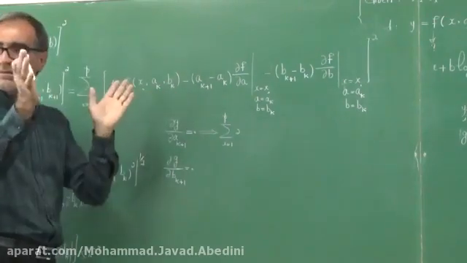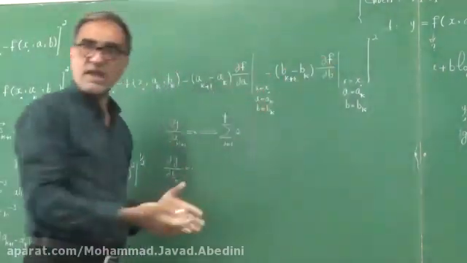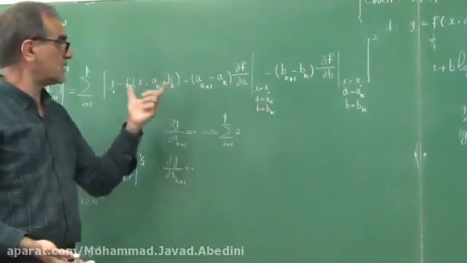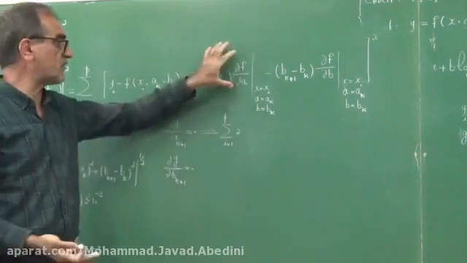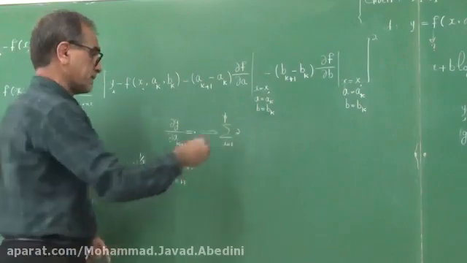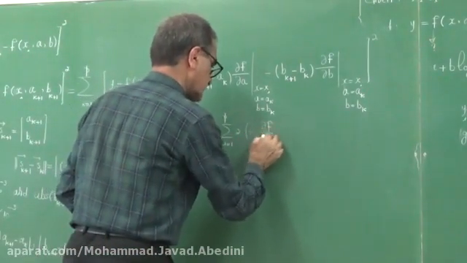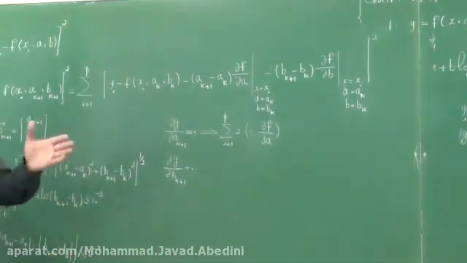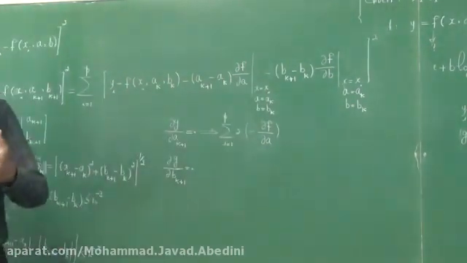It is 0, because there is no A_{k+1} in this. The only term that you have A_{k+1} is this one. And then the partial derivative of this with respect to A_{k+1} will become minus this. And then you have to multiply this by the same term, 1 power less.